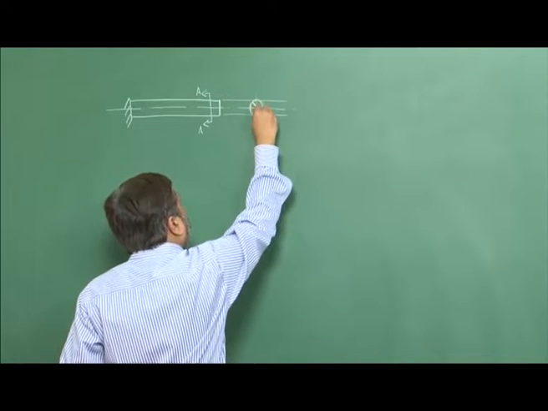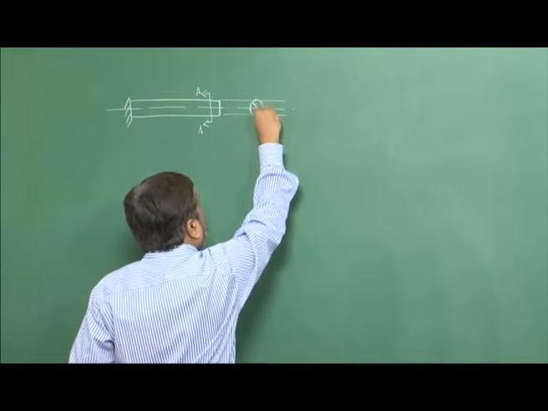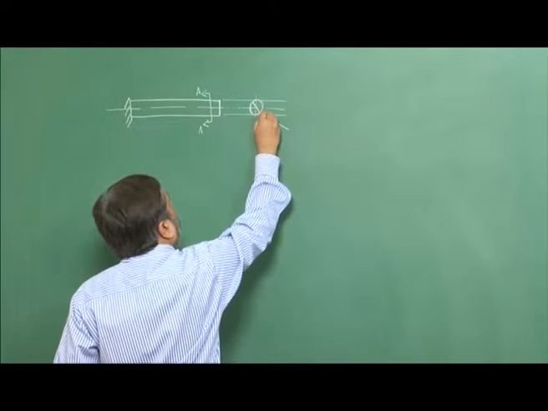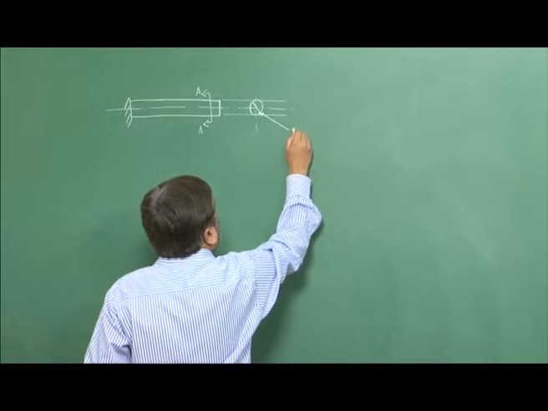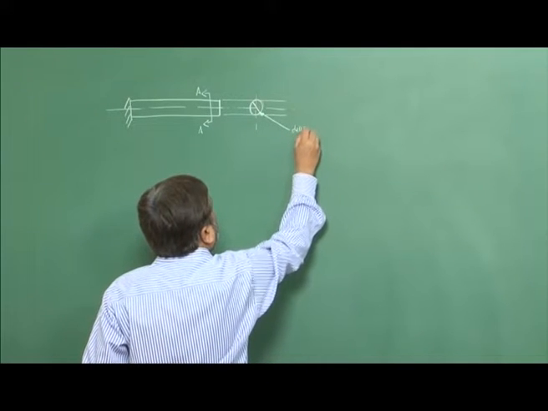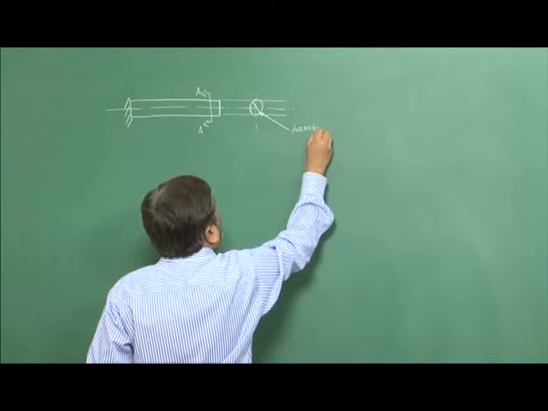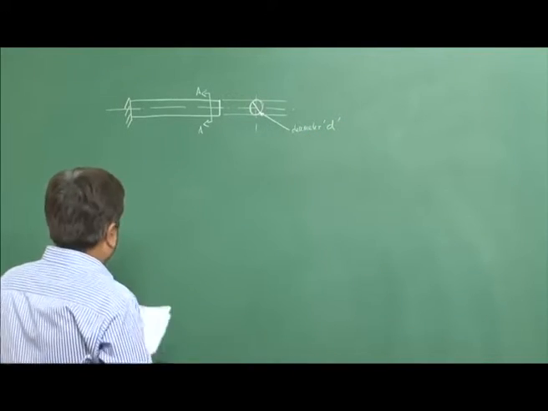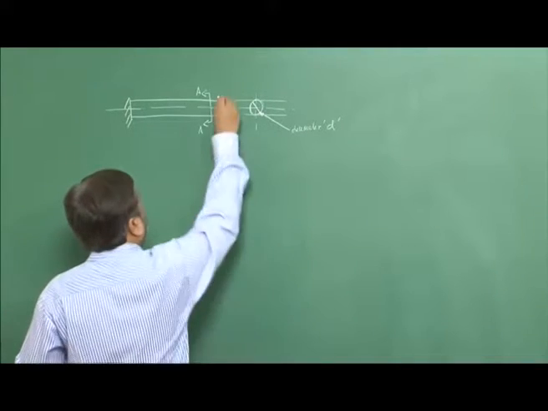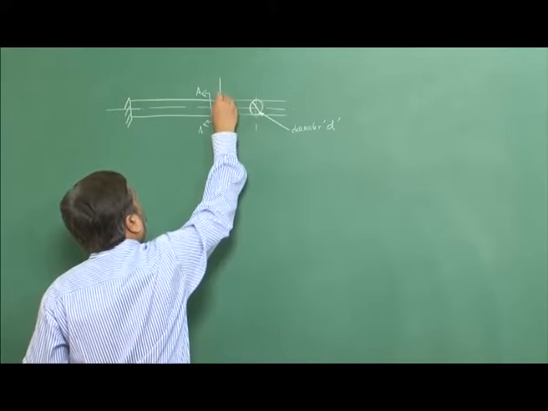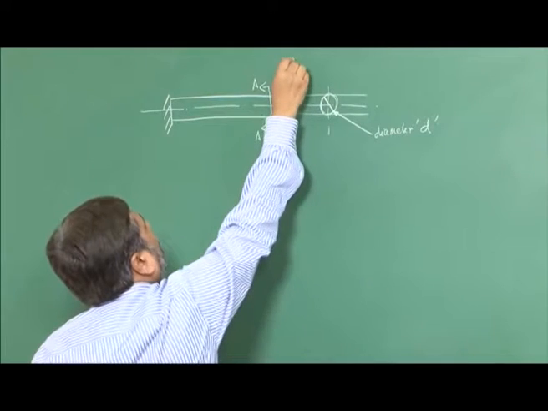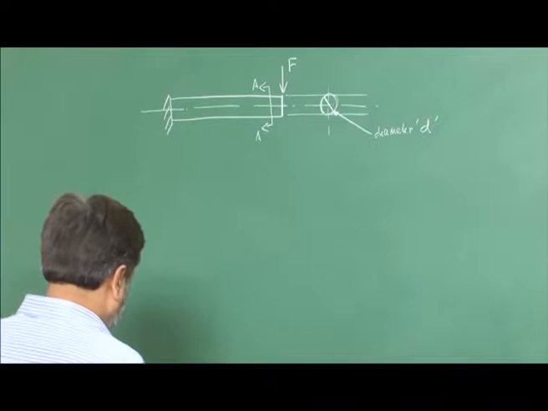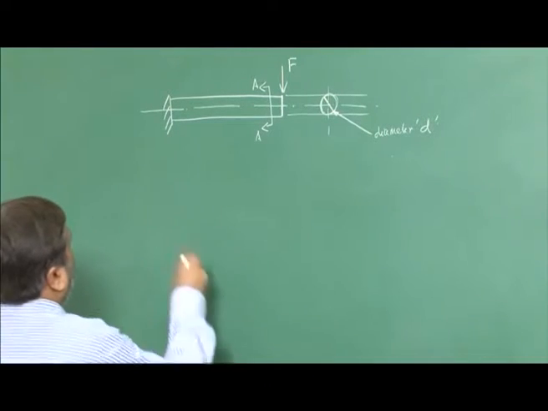Let us assume that the diameter is D in this case, and this circular beam has an end load F.